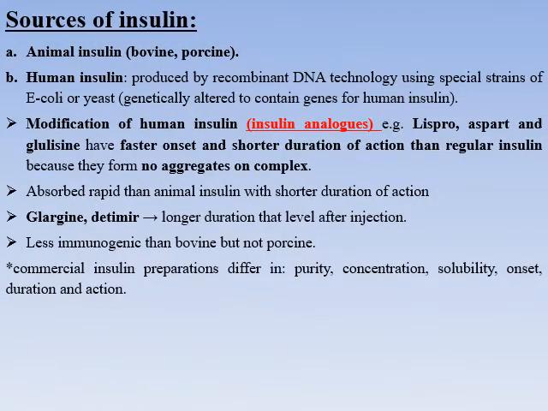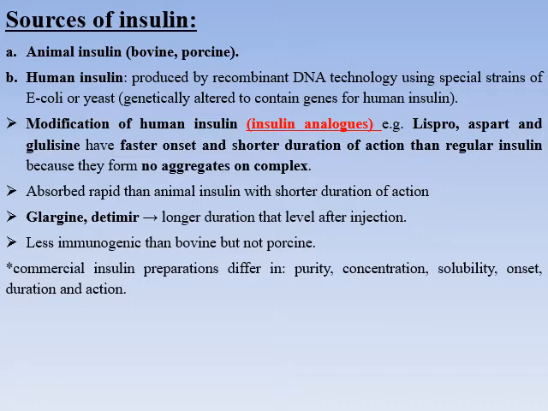The animal source of insulin, the bovine and the porcine insulin, can cause allergic reactions. So we use the human insulin, which is produced by recombinant DNA technology using certain species of E. coli and yeast.